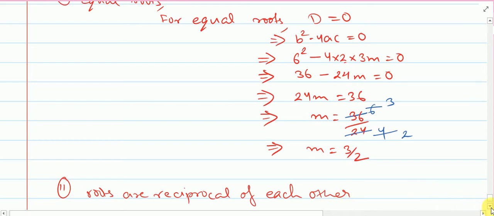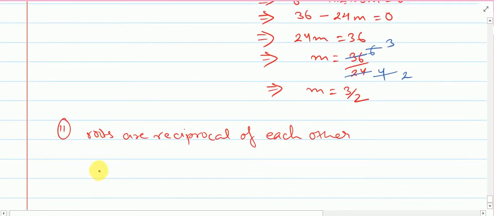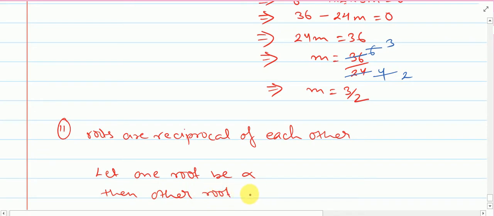So let one root be alpha, then the other root will be 1 by alpha.